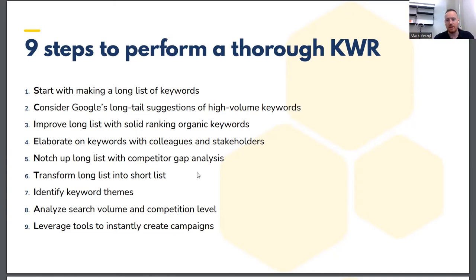And then we're going to analyze that short list with keyword themes and identify what the search volumes are. So how many times a month do people actually search for those keywords? And in terms of competition, what is the level of competition?